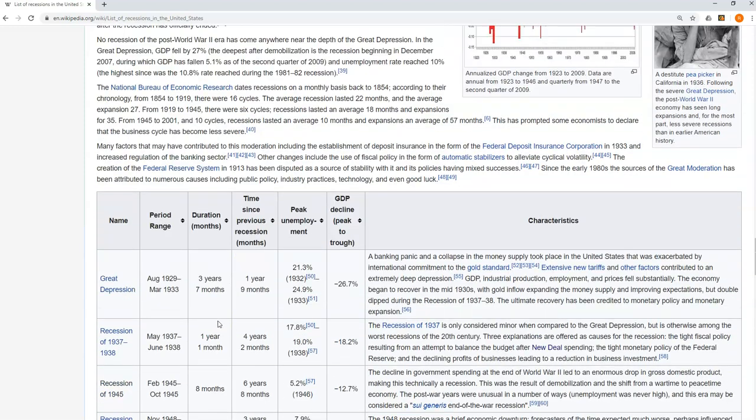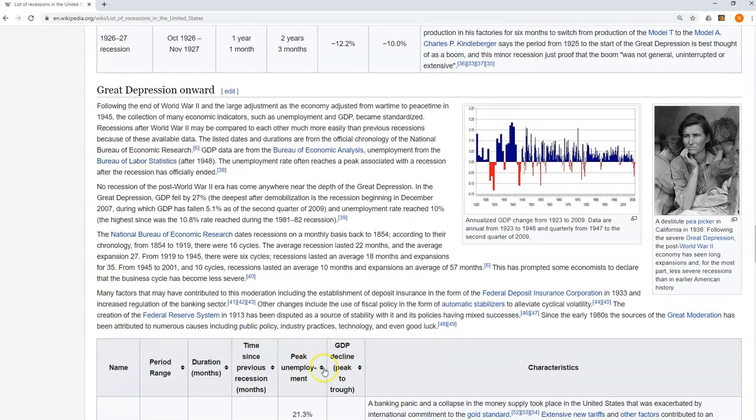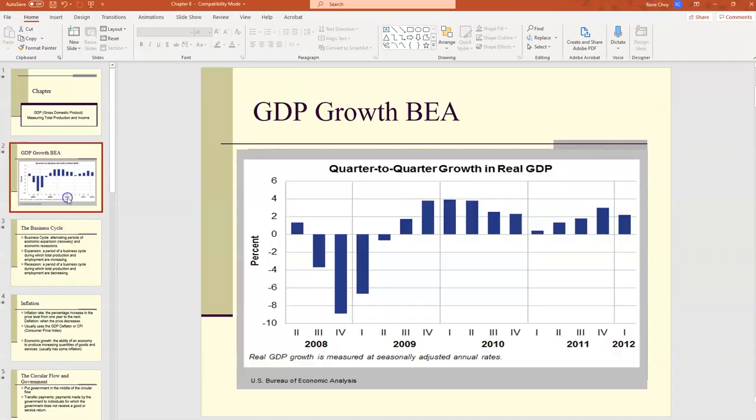One of the things that we need to learn is that economic activity comes in waves. It comes and goes. This is what one of the releases by the Bureau of Economic Analysis looks like when the economy is okay. When the economy is okay, we have positive numbers for GDP growth, above zero.